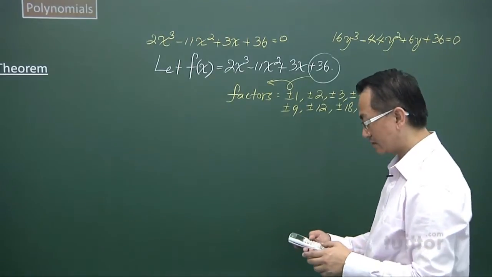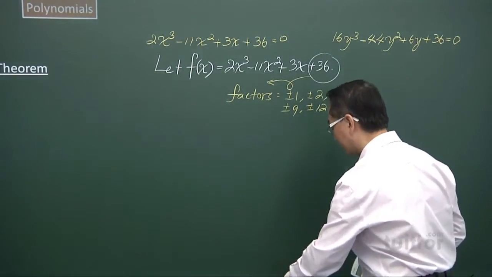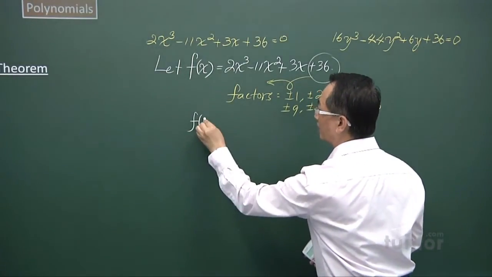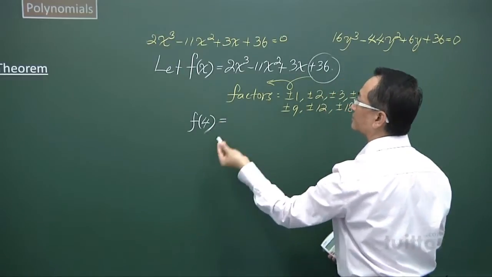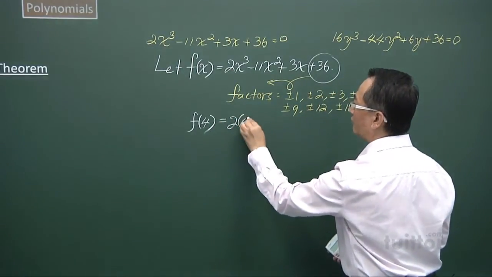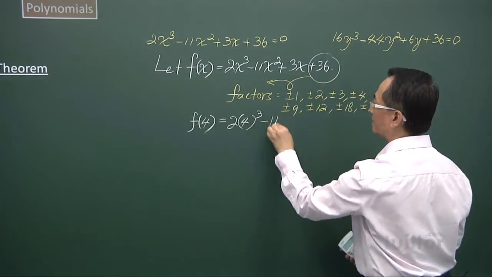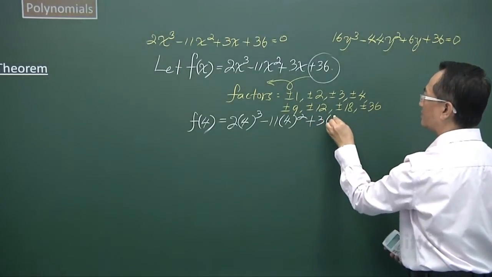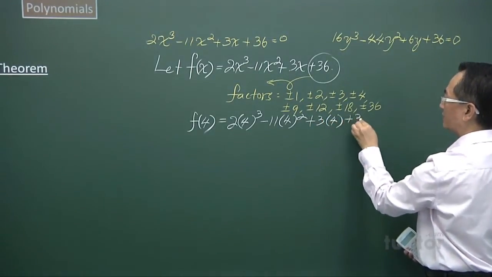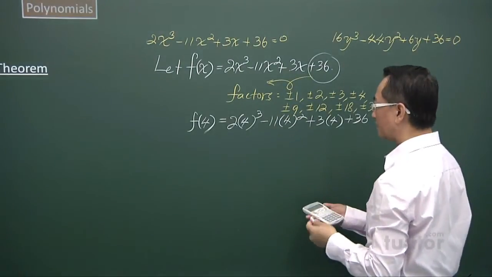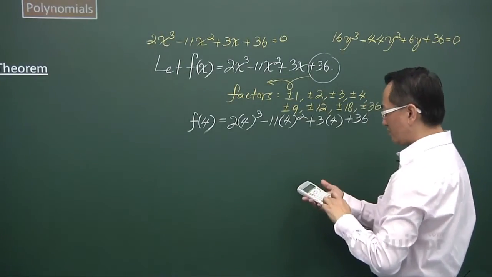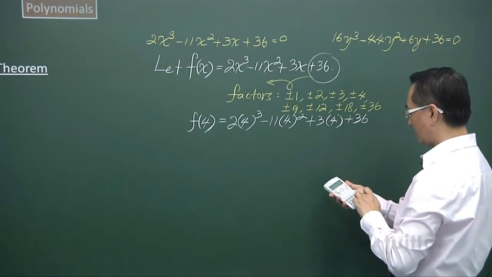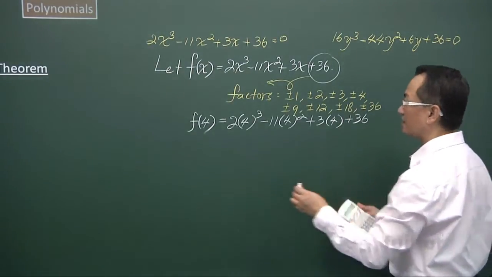So 4 works. If I put 4 into x: 2 times 4 cubed minus 11 times 4 squared plus 3 times 4 plus 36. So 2 times 64 minus 11 times 16 plus 12 plus 36 gives me a 0.